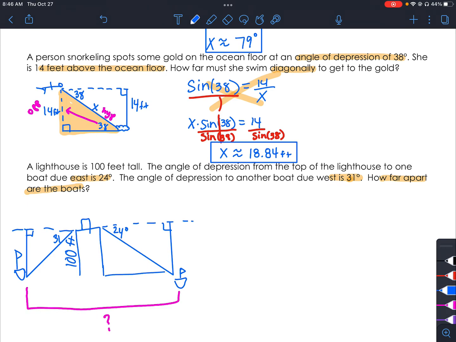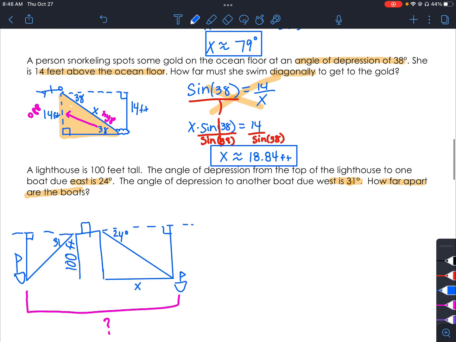Well, I know if I can find the distance from the boat to the lighthouse, and I think I can find the distance from the other boat to the lighthouse, if I combine those two distances, we'll get the distance from each other. So we'll do one boat at a time. I'll do this triangle here. If that's 24, remember this is 24. Label your sides.